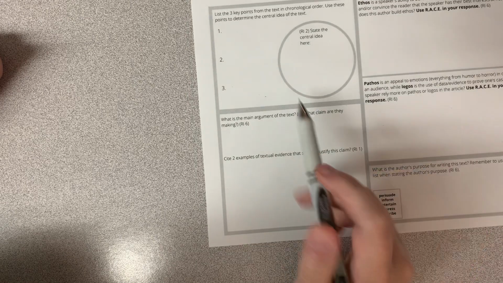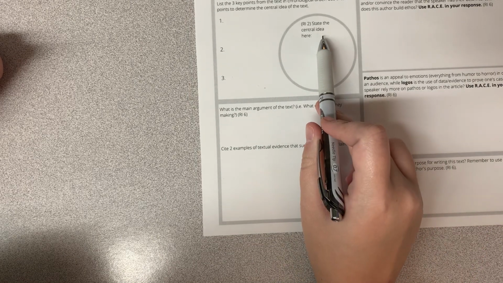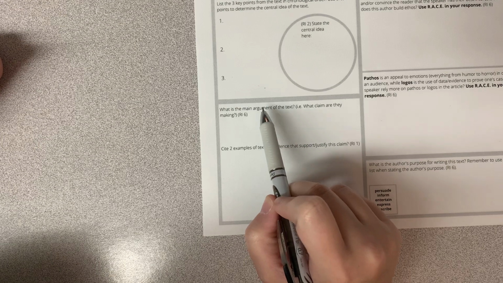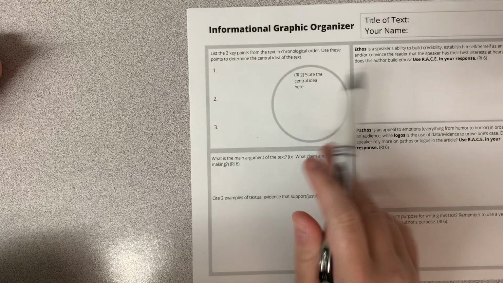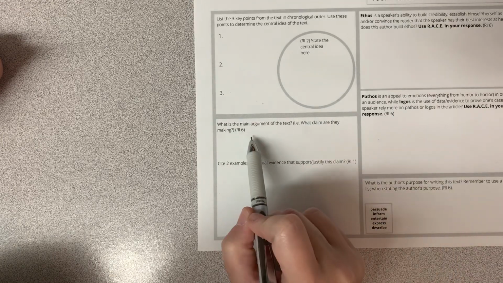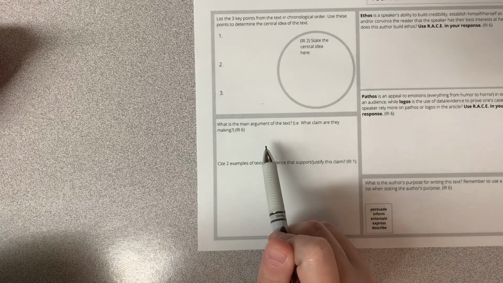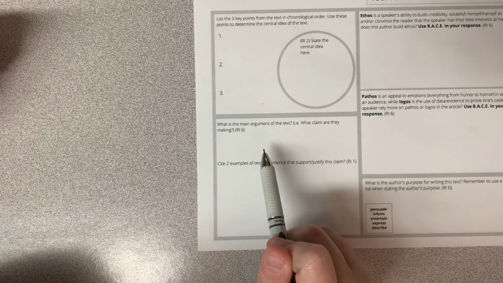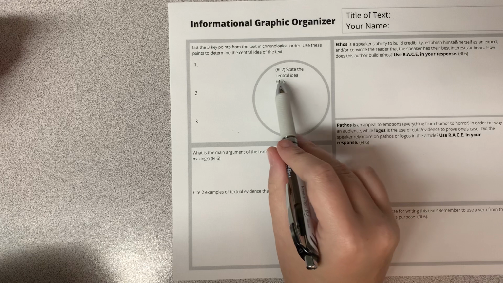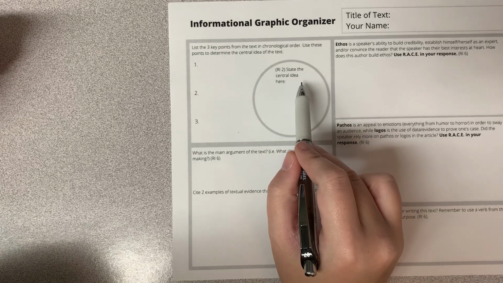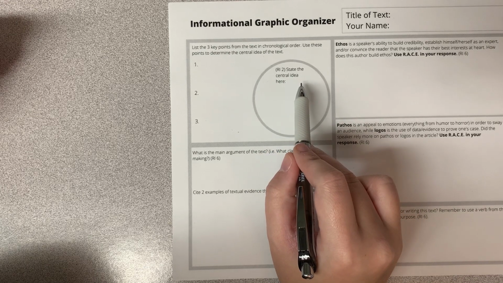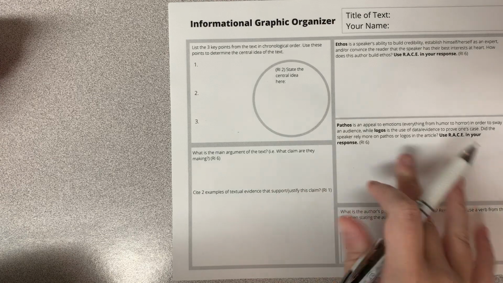Right? So it's a little bit more general than this. This is much more specific. This is much more general, okay? The specific argument that they're making is that people under 30 should be able to decide if they want to purchase healthcare. Up here, we're just saying that young adults should be able to make their own decisions, right? A little bit more general, more specific.